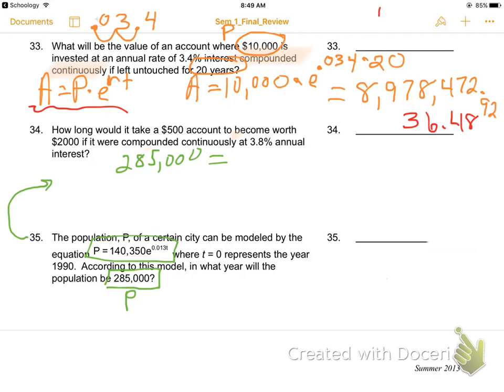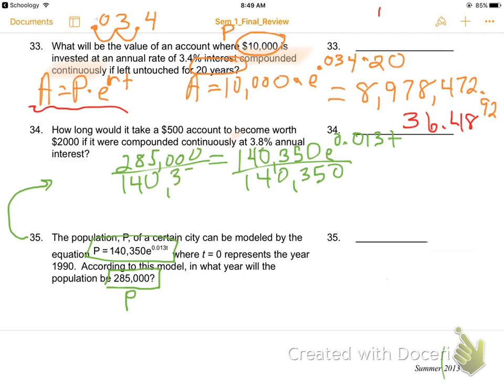Okay, so it equals 140,350 e to the 0.013 t. Just like before, I can't take the log or natural log of each side till I get the number that's being multiplied away from e. It's being multiplied, so I'm going to divide it.